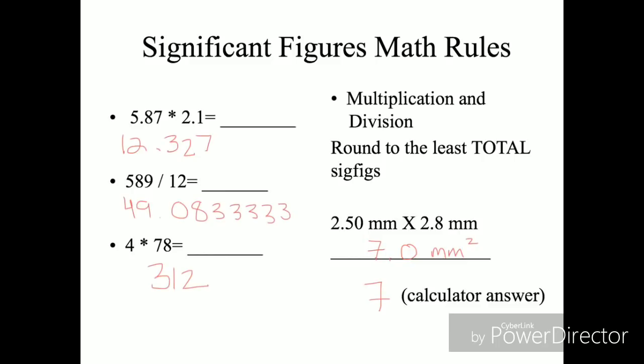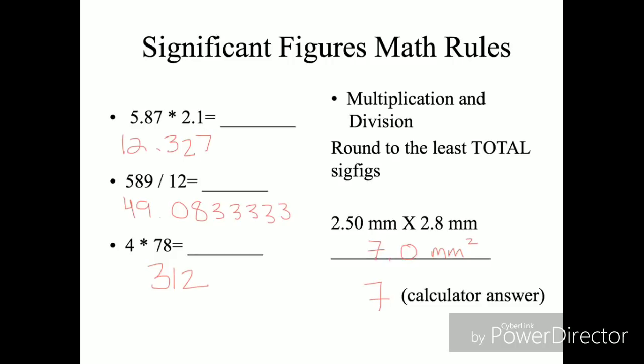Let's look at the 3 examples on your paper. I've recorded the calculator answer to each mathematical operation in red. Now, in the first multiplication example, we begin with a number that has 3 significant digits, and we multiply that by a number that has just 2 significant digits.